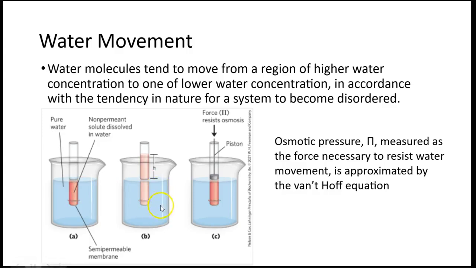It doesn't want to be around all of these water molecules, so it wants to go where there are fewer water molecules around. And so it goes into this tube, and if you apply a piston in the tube, then you can measure the resistance of water movement, and it can quantify this water movement.